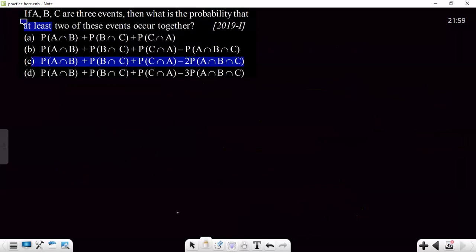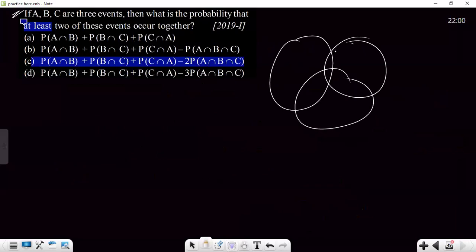Next. We have studied this question earlier in our class, about occurrence of two events at the same point of time. So A intersection. We'll consider this much area only. We'll sum all of the intersections thrice, but we know that this is getting calculated thrice, and we want it to get calculated only once.